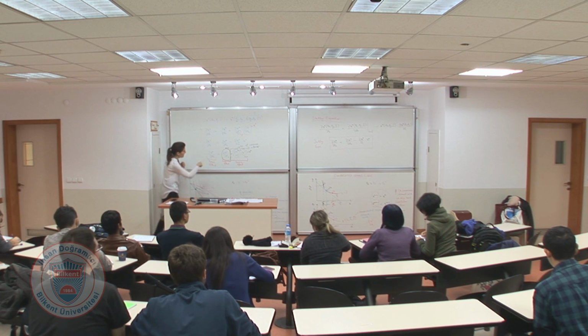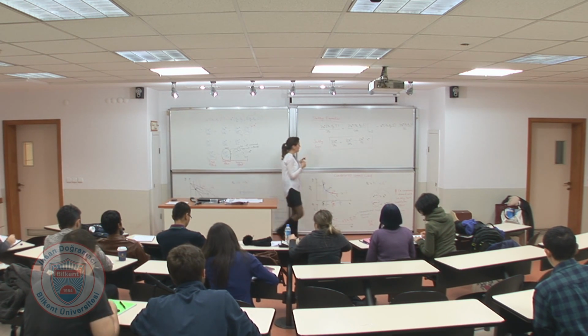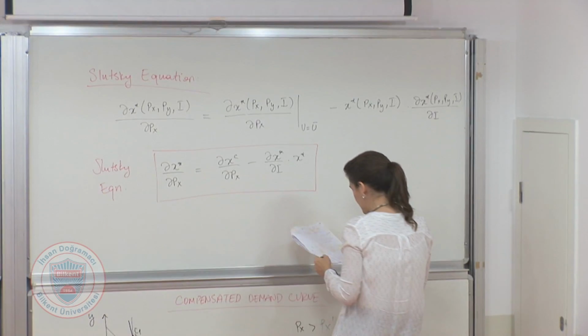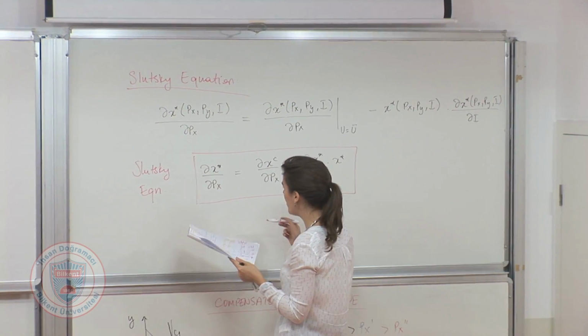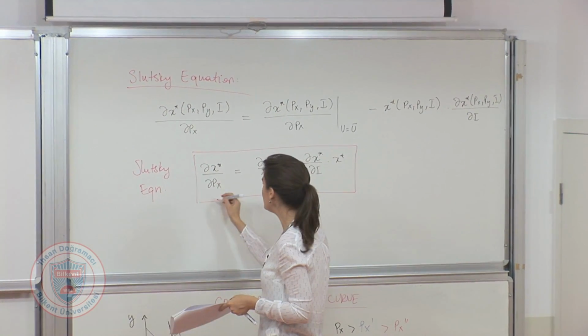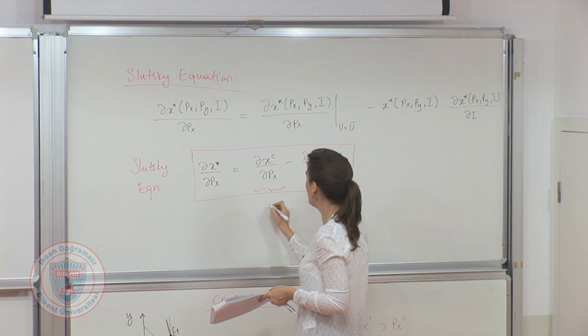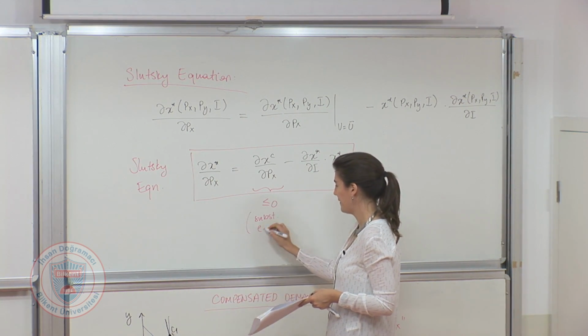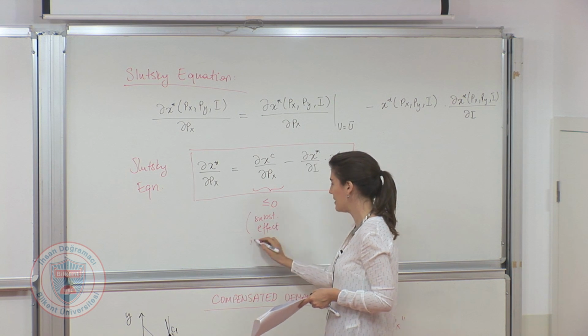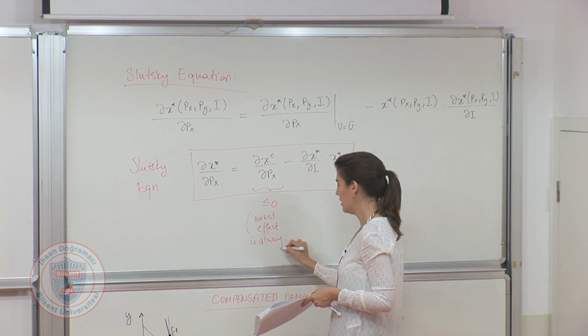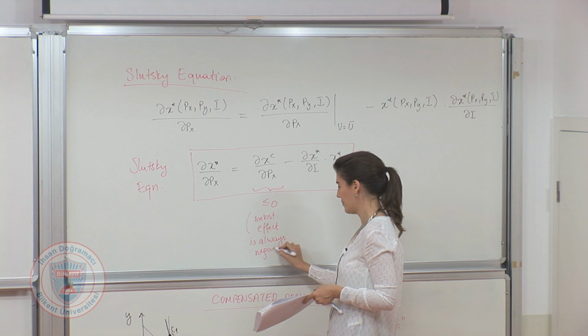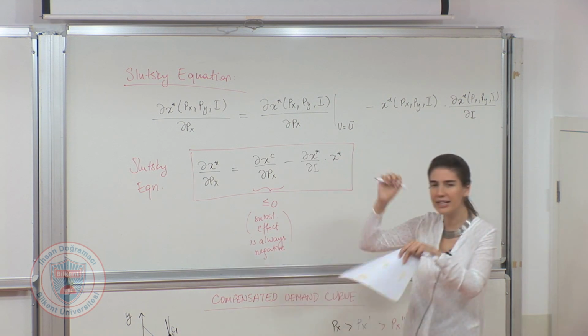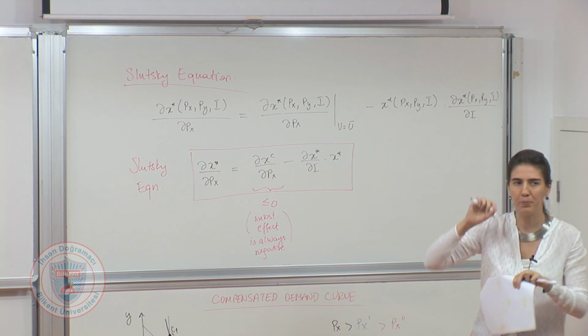So now, let me write it properly here. As we said, this is always negative, so we know that the substitution effect is always negative. It works in a negative direction with px, right?